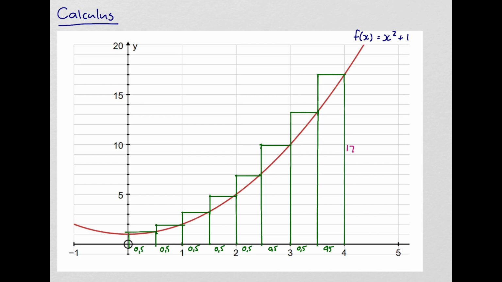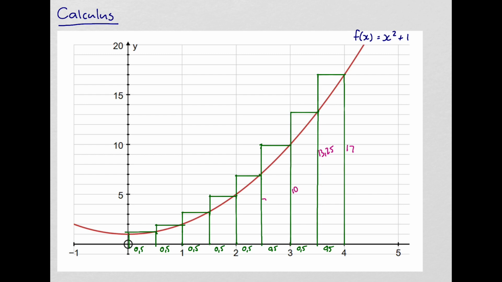Now the next one, halfway between 3 and 4, is actually 6,625. Sorry, not 6,625, that's actually the area. I'm jumping the gun. But the length is actually 13,25. Okay, and then the next length is 10. That's the same one as we worked out in the previous one.